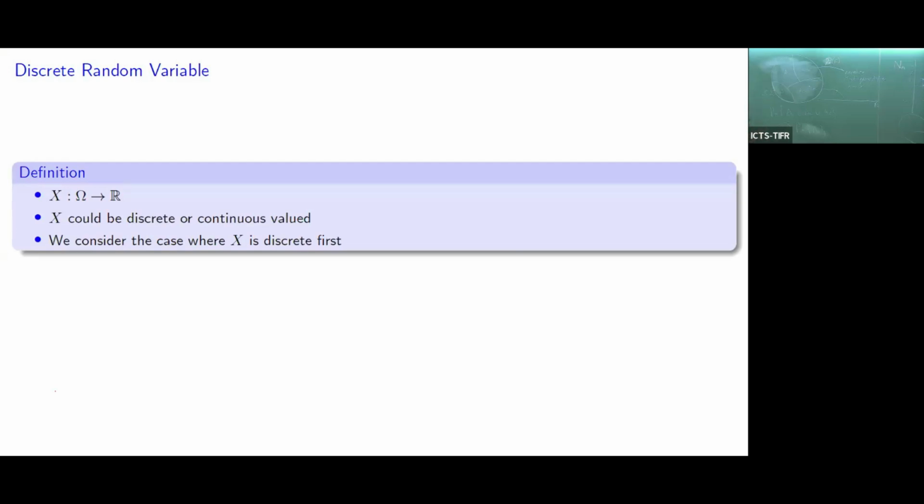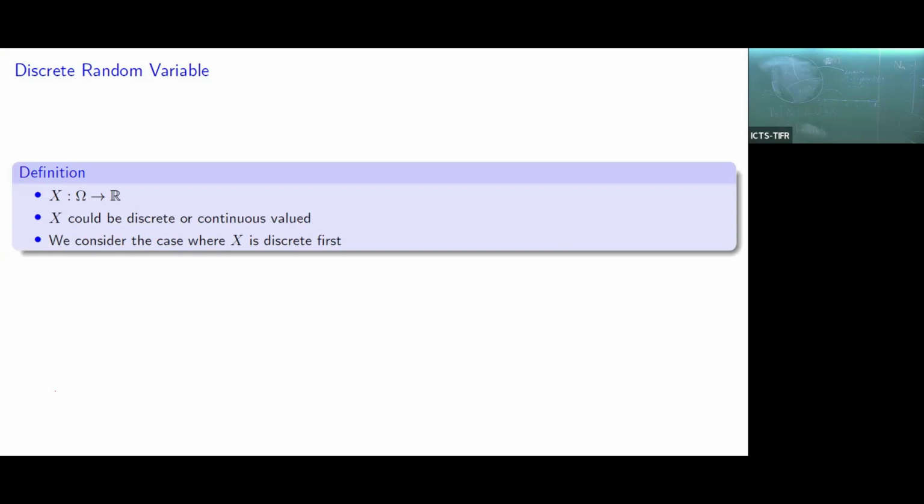If the set of values that you finally get are discrete, for example, if they take only values like 0, 1, 2, 3, then you call this function, which is mapping the sample space to R, a discrete random variable.